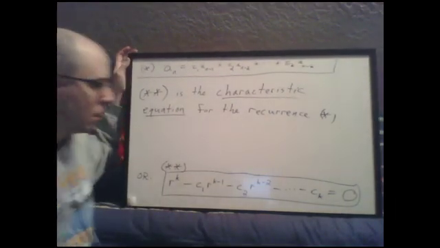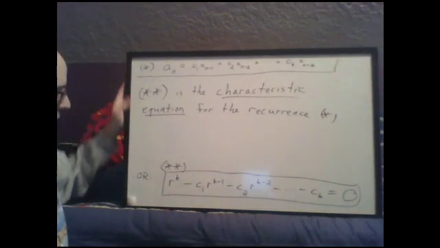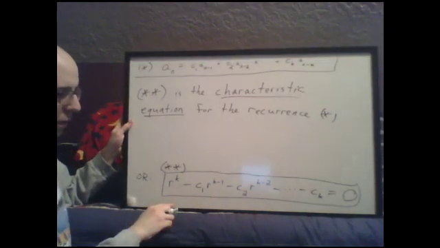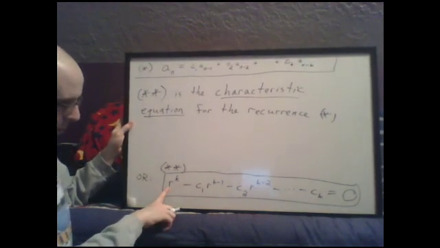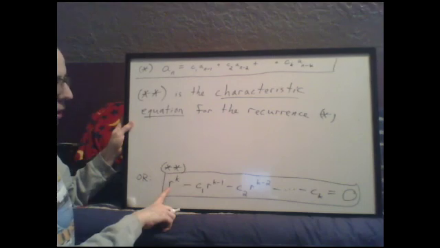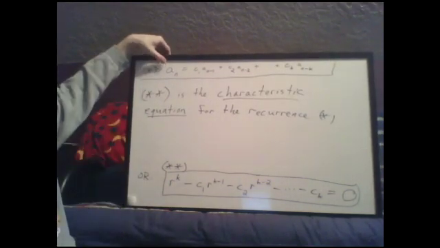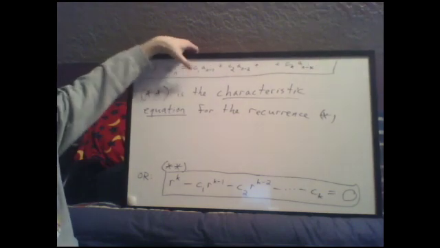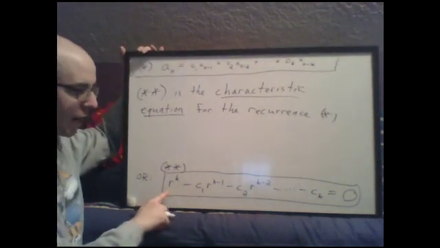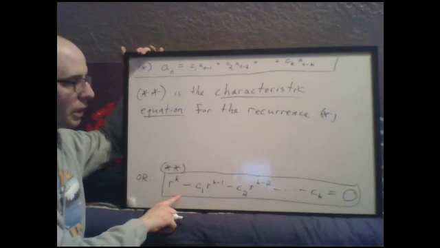Okay. So, I'm thinking of r as a variable here, but remember the point was, if r^n was going to be a solution for this recurrence, r has to satisfy this equation here.